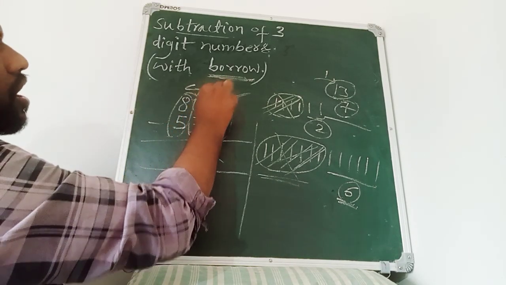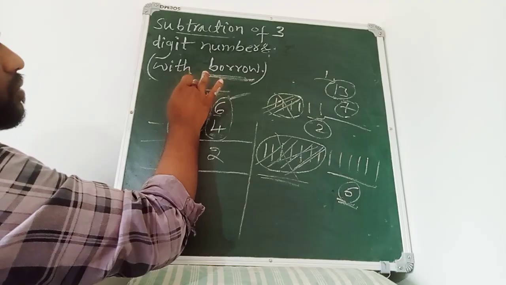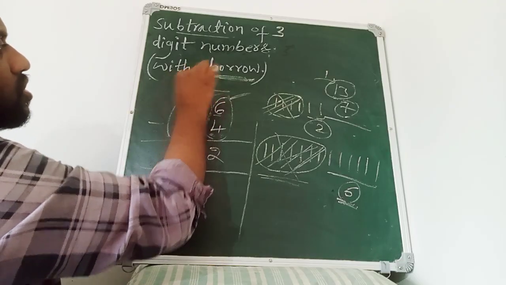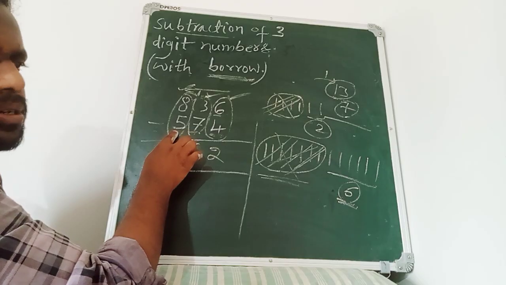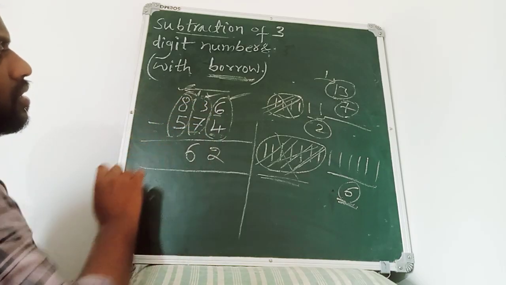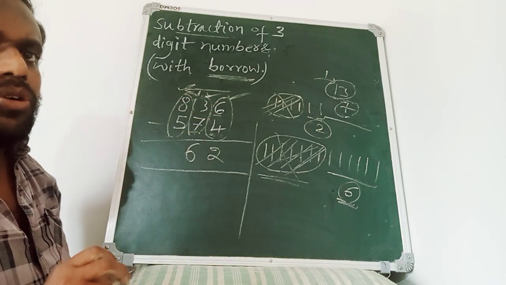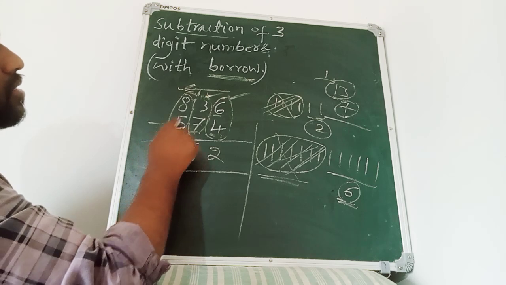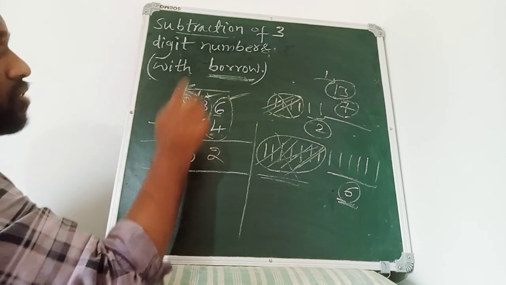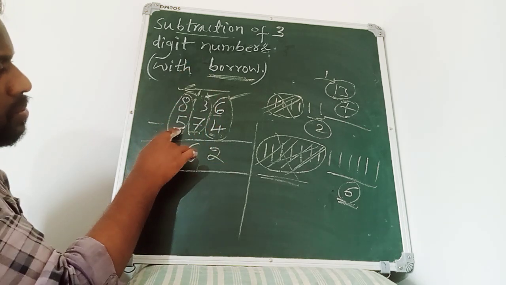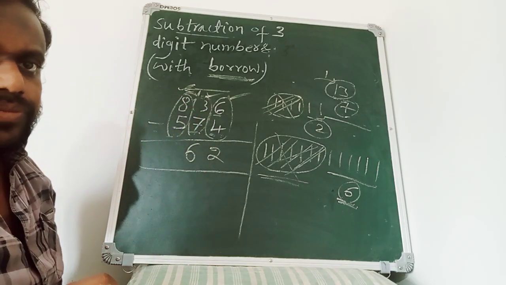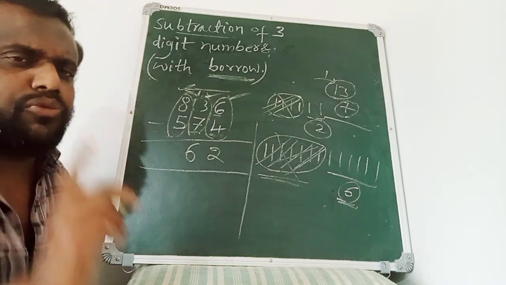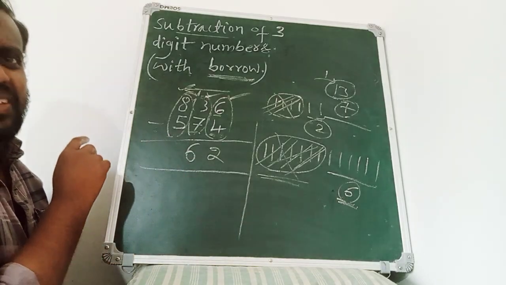Next, this column is done. Next, last column. In the last column, we have numbers 8 and 5. Now we have to subtract this bottom number from the top number. Here you should be very careful. Why?